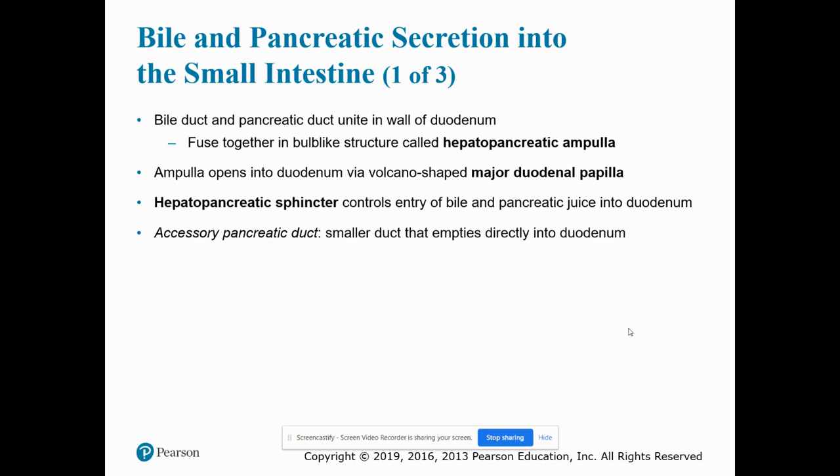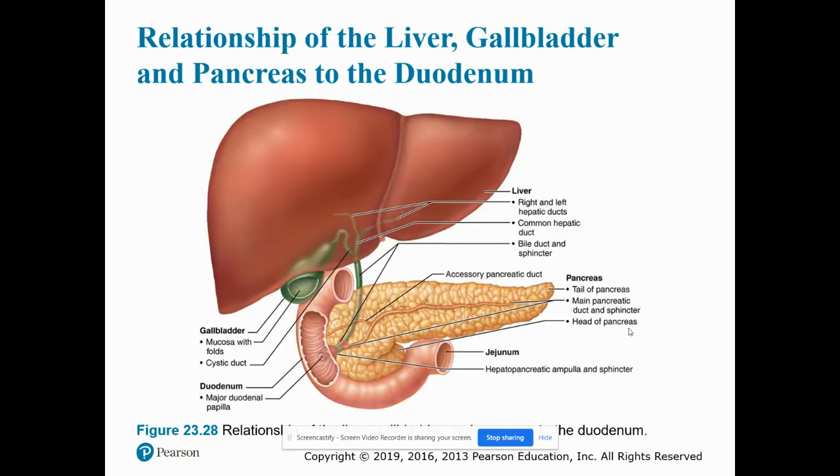And then there's also an accessory pancreatic duct, and this is a smaller duct that empties directly into the duodenum. So this is the hepatopancreatic ampulla and sphincter here. And you can see this is where the two are joining. This is the bile duct, and this is from the pancreas.